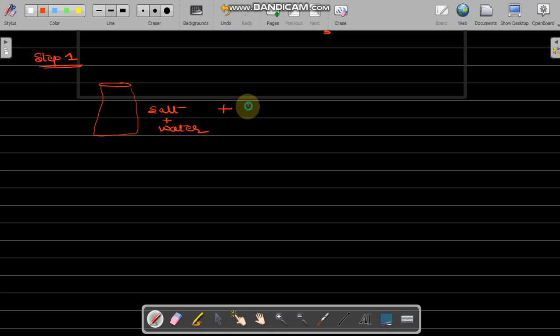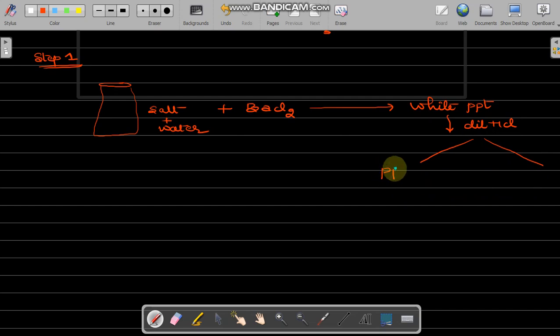Then what you do? In that solution, add BaCl2, that is barium chloride. When you add barium chloride, it will produce a white precipitate. To this white precipitate, add dilute HCl. When you add dilute HCl, two things can happen.